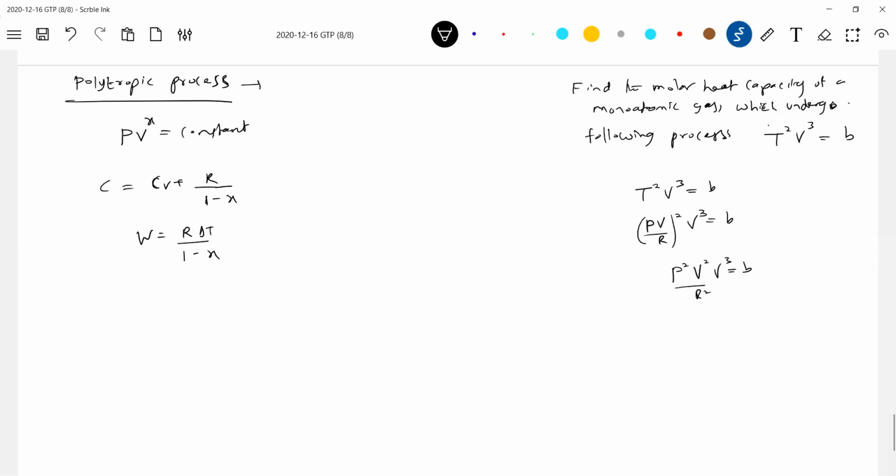Or further, this is P square V to the power of, okay, this will be B R square. Let it be. If you want to write alpha, that is no problem. Okay, further, this will be P V to the power of 5 by 2 equal to some constant. Can I rewrite?